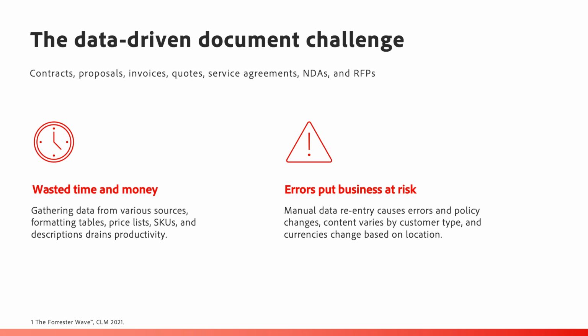Even if a sales rep finds the up-to-date information, there's always that chance that they may incorrectly re-enter it, right? And that inaccurate data not only lengthens that approval cycle, if it's not corrected, it can really create business risk. Lastly, it's time consuming, right?